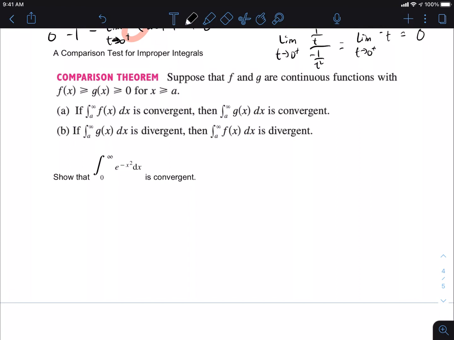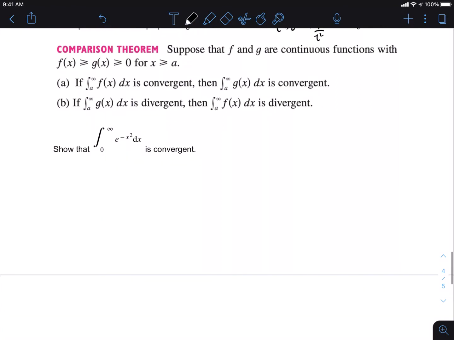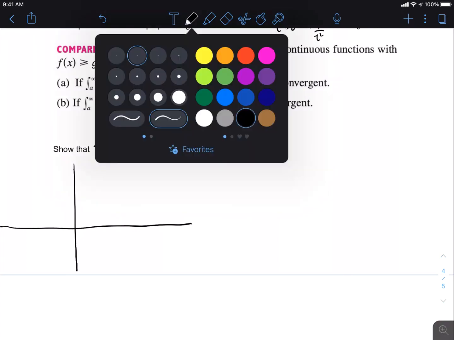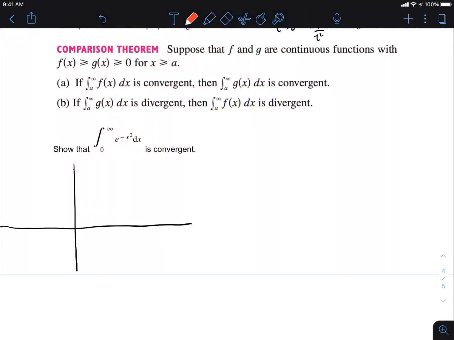Okay? So here comes the game. I'm going to draw a picture real quick just so you guys can see, and I'm going to use two different colors. So when x is 0, I know I'm going to get a value of 1, right? And this guy's going to look something like this.